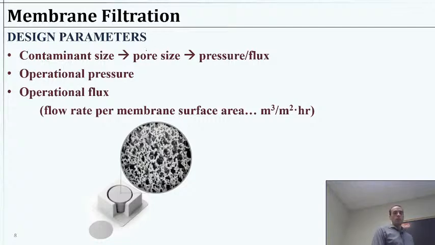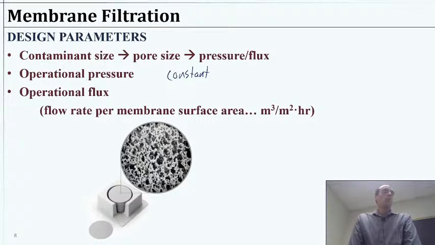All right, so then we have the operational pressure and operational flux. And typically we can do either constant pressure or constant flux with membrane operation. It turns out that normally people want a constant amount of water if we're using this for water treatment.